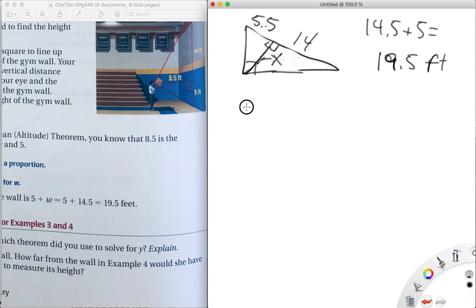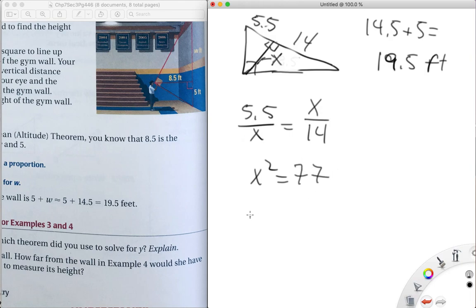So it'll be 5.5 over x is equal to x over 14, because it's the geometric mean. So x squared equals 5.5 times 14, which gives me 77.